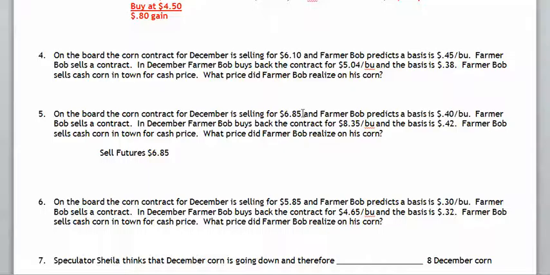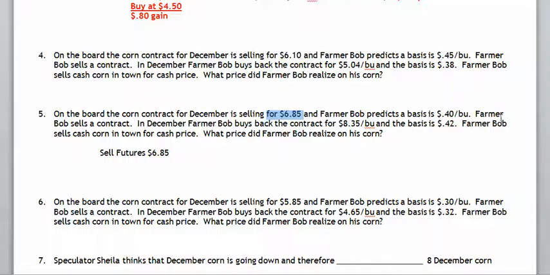So remember, our initial move, our initial transaction minus ending basis tells us the price at which we're going to realize. 6.85 minus 40 cents means we're going to lock in a price of approximately 6.45. We don't know what basis is going to be for sure, but he thinks it's going to be around 40 cents, so we're looking at a lock-in price of about 6.45.